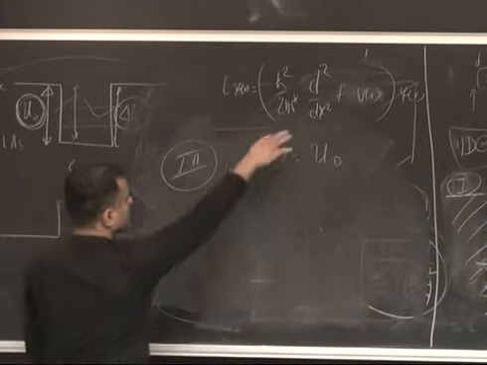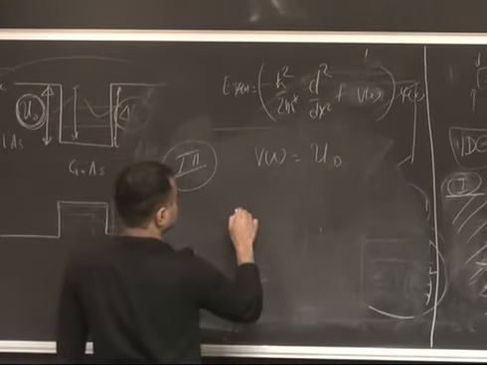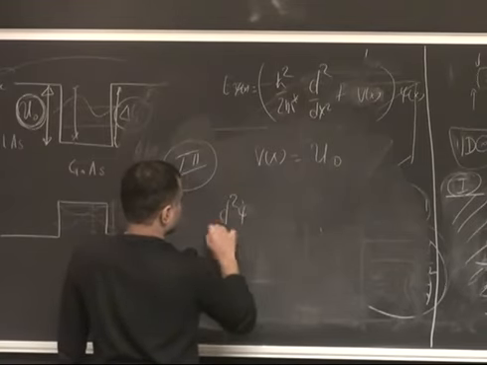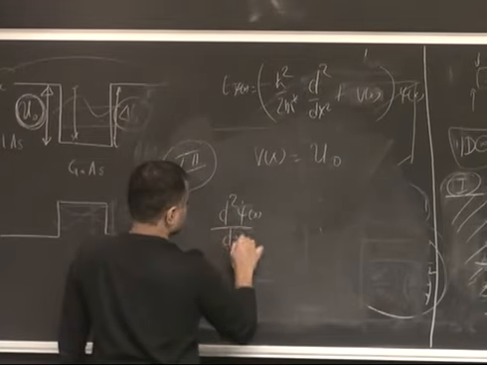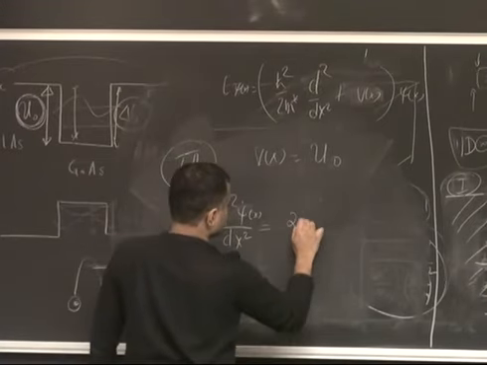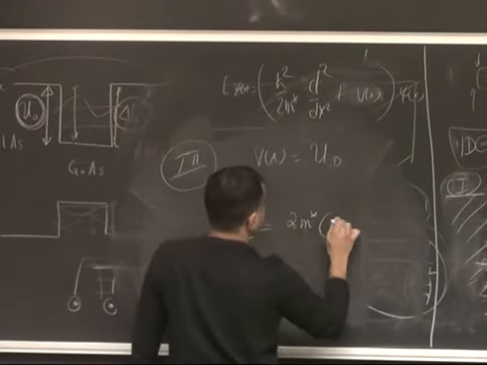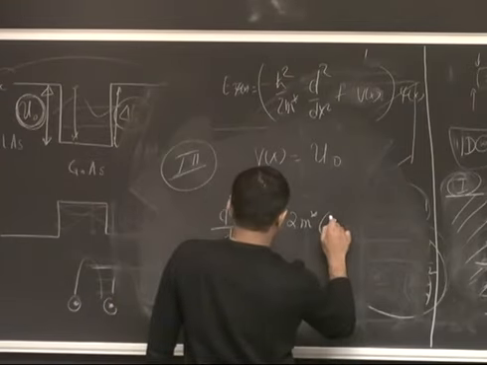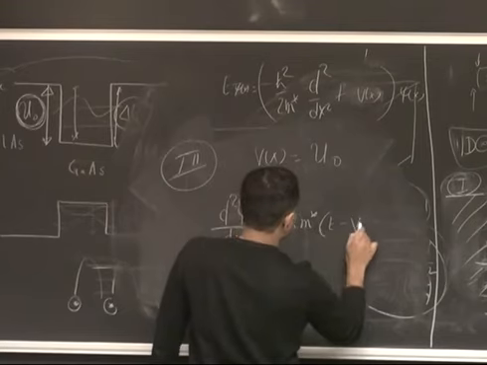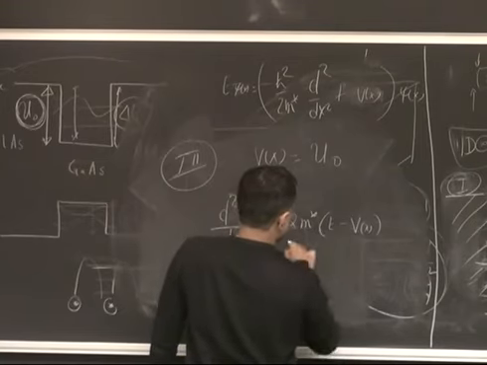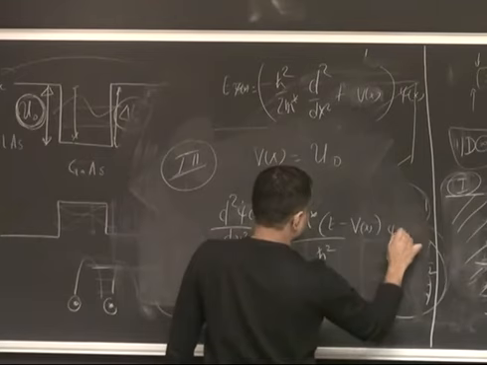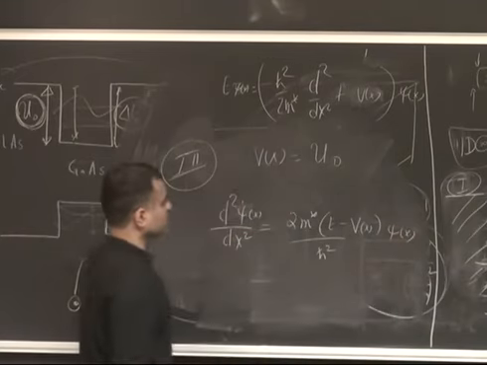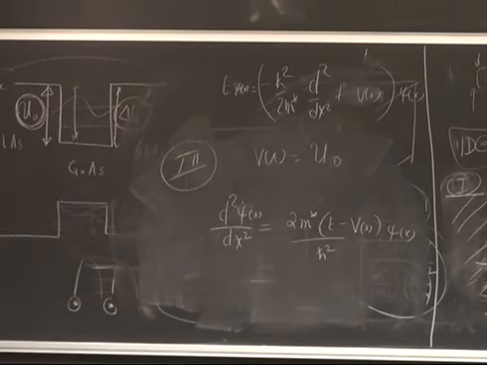You can rearrange this equation a little bit and write it as d2 psi of x by dx squared is 2m, the effective mass, times V minus E over h bar squared times psi of x. Just rearrange that equation and you get that.